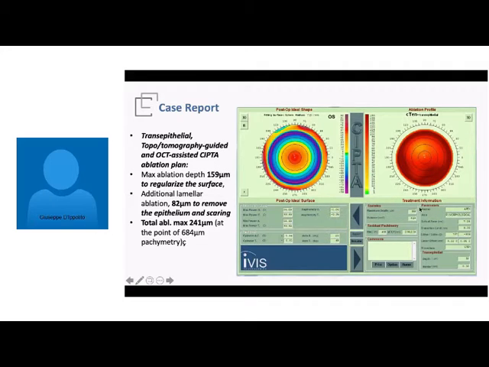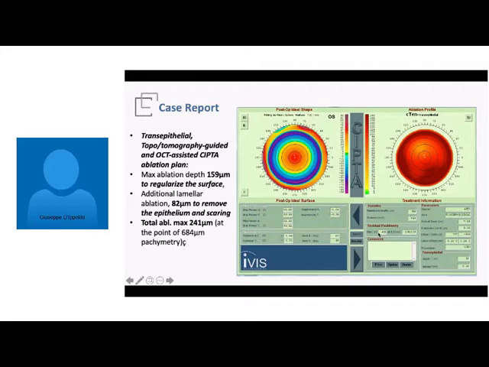The actual refractive ablation was enough. We added here, let's see, 82 microns to remove the epithelium and the scar. So then the total ablation maximum was 41 at that point already, and it means this should be safe.